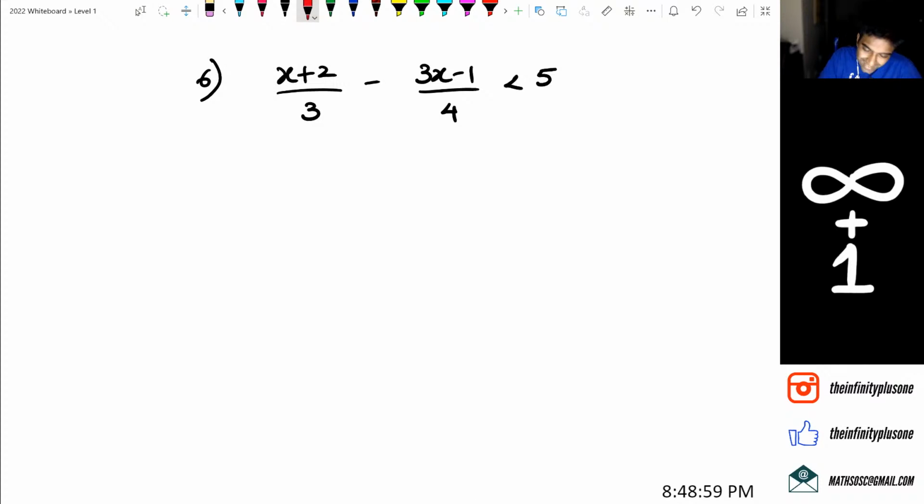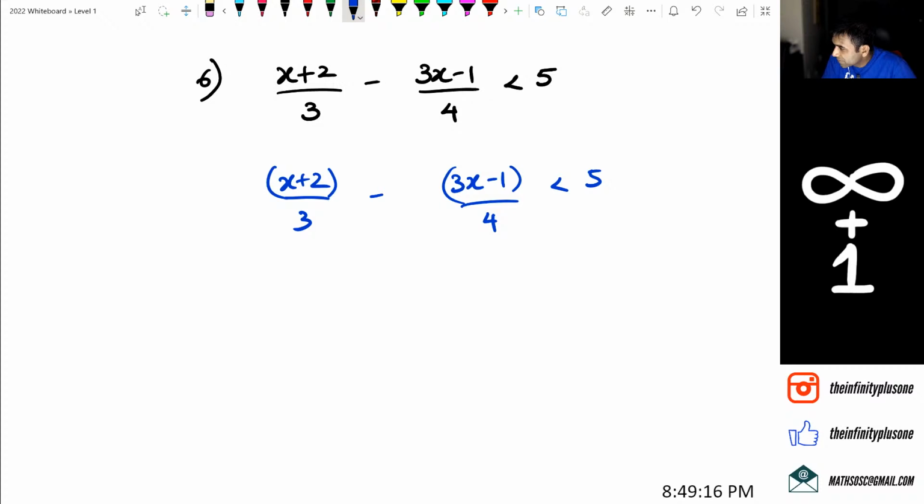Anyway, so we've got 3 and 4, so we need to convert them into the same denominator. So what I'm going to do is I'm kind of going to write this up, right? x over 2... 3, x plus 2 over 3, minus 3x minus 1 over 4, less than 5.